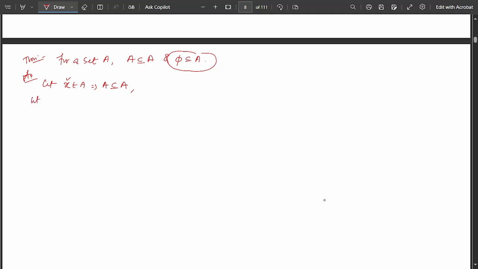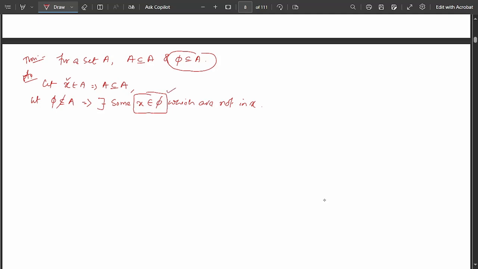Let phi not be a subset of A. This implies that there exists some x belonging to phi which is not in A. But this is a contradiction, since phi is an empty set.